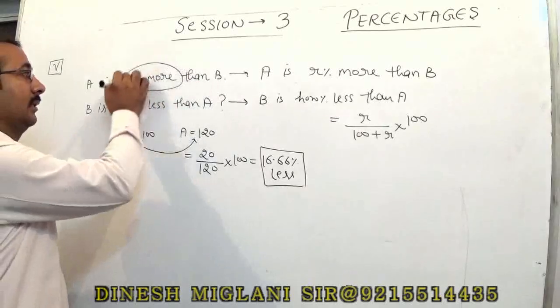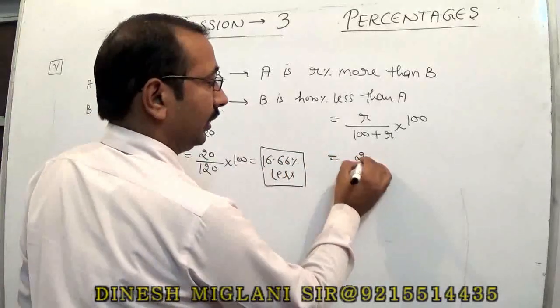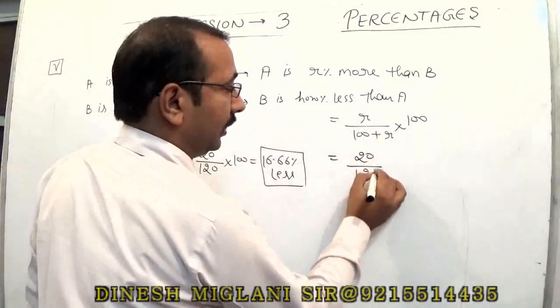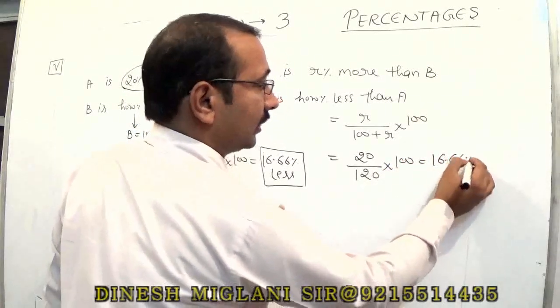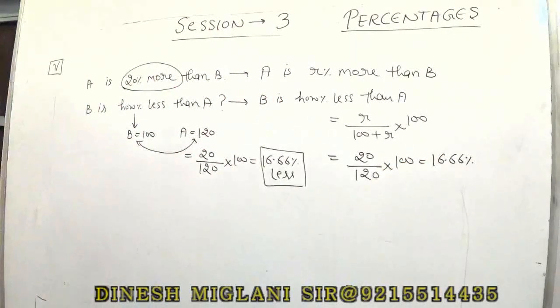This is 20%, so we can take it as 20 upon 120 into 100. Answer is equal to 16.66%. Right?